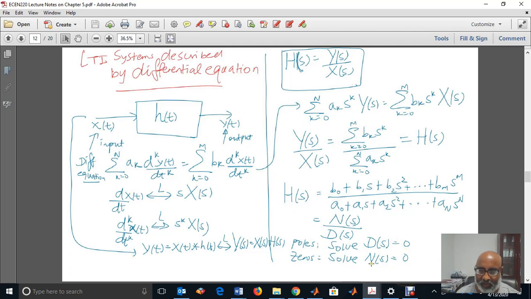And when we solve N of s equal to 0, we will get the zeros of the transfer function. So by looking at the region of convergence of H of s, we can talk about the system also, whether it is stable, whether it is causal, whether it is unstable, anti-causal, and so on.